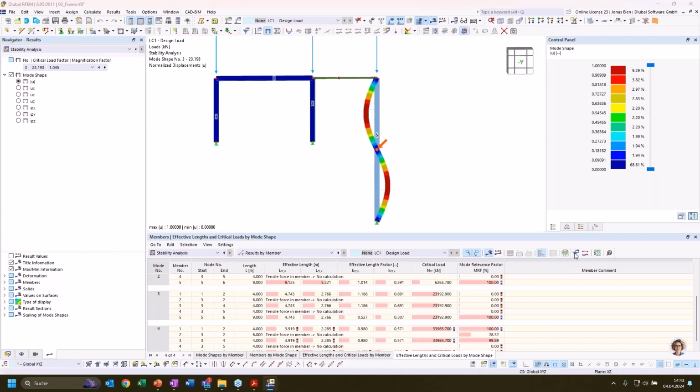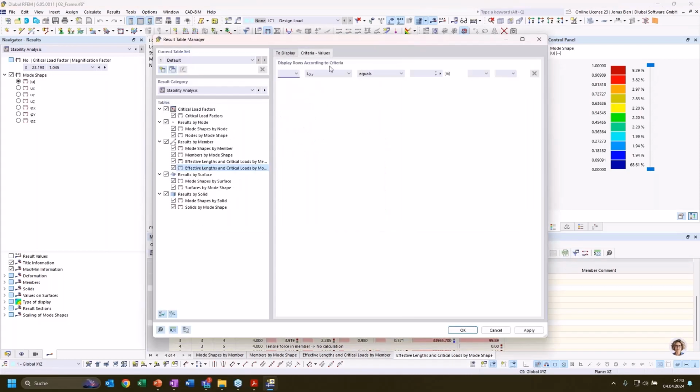We can, of course, also use the filter function to make our lives a bit easier when browsing through this. For example, we could say that we are only interested in members that have a mode relevance factor greater than 20%.